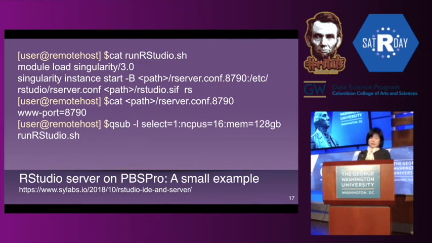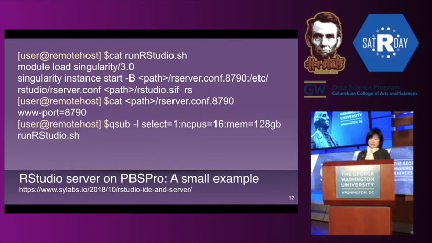The nice thing about Singularity is you can bind any folder or files to inside the container. In this case, I'm binding my rserver.conf.8790 in my host system to the rserver.conf inside the container, which means that the container is going to use my own rserver conf as the configuration file in RStudio.